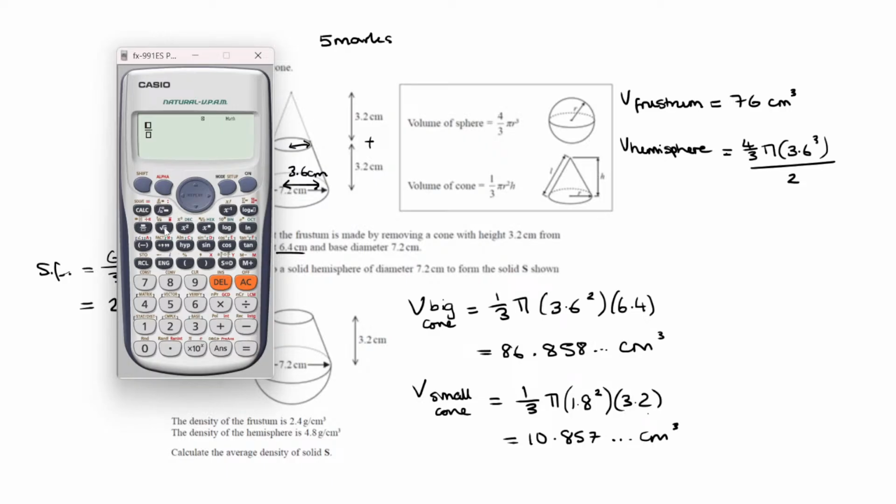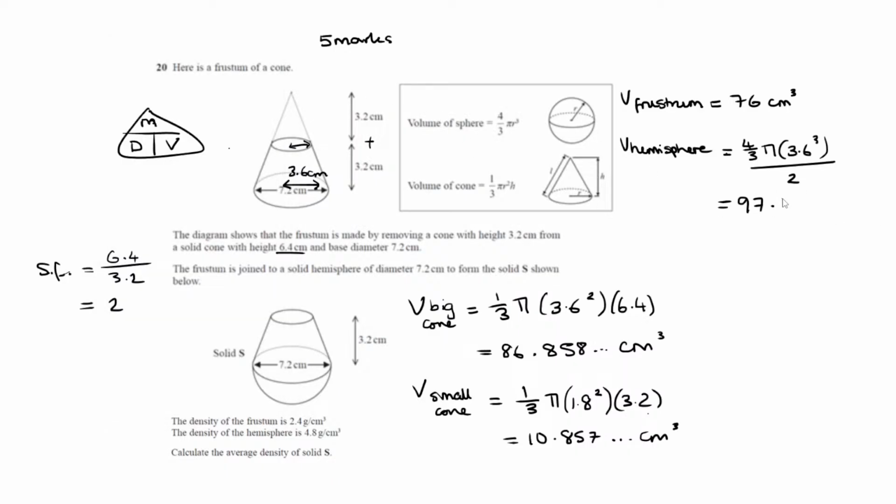Okay, so 4/3 times pi times 3.6 cubed. Here's my cube. Make sure you know where your cubes and your squares and all that type of thing are. That would be the whole sphere, but then obviously I'm going to half that. So 97.716... Okay, so that's my hemisphere.